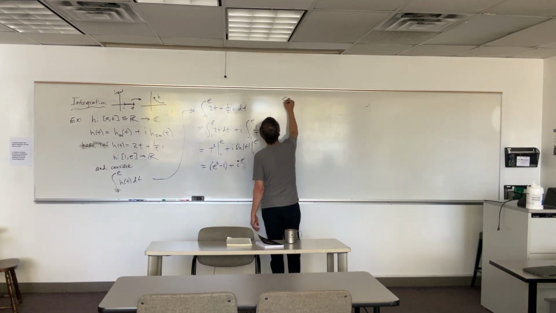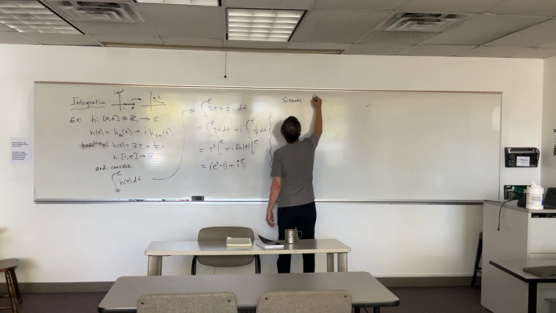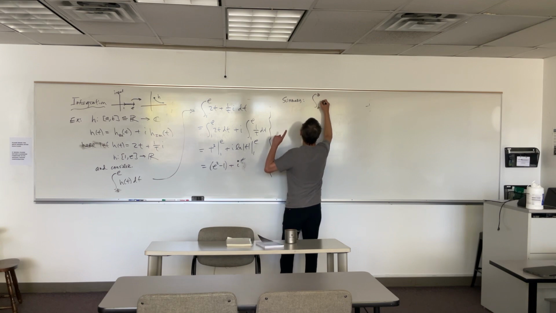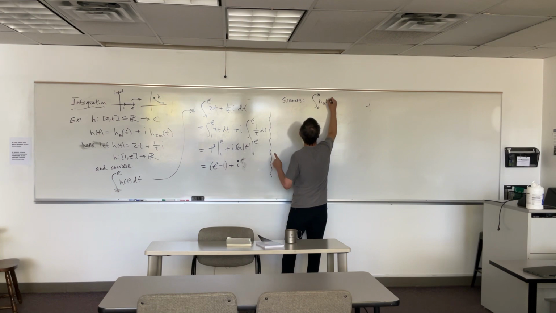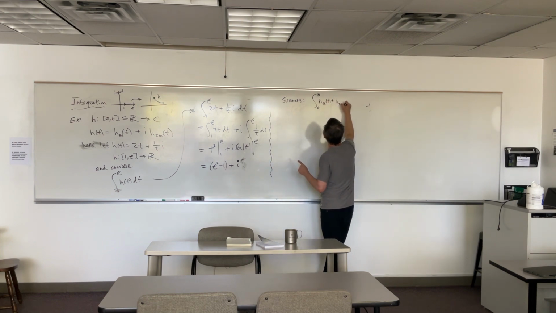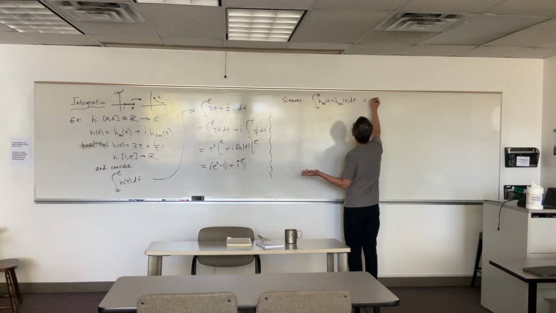So here's the summary really quick. This is our easy case. If I want to find an integral, and I only have one input variable, and it's a real variable, so if I have h real of t plus h imaginary part of t with an i in front, I just do the parts separately.